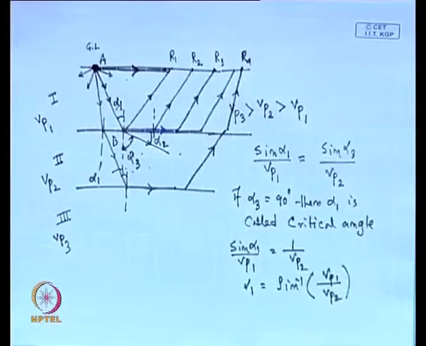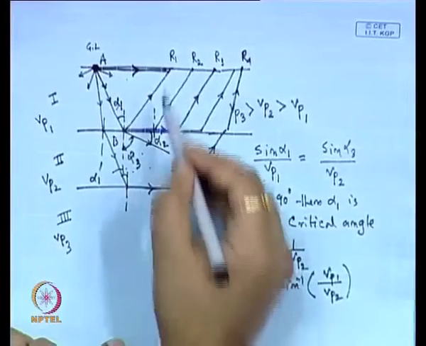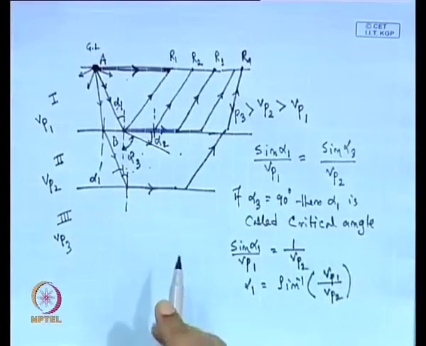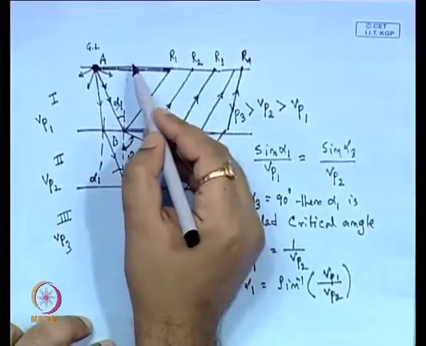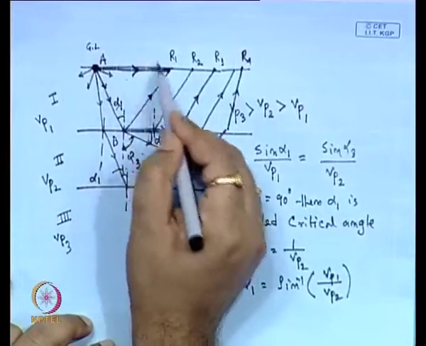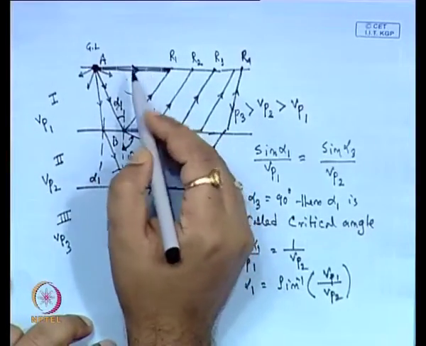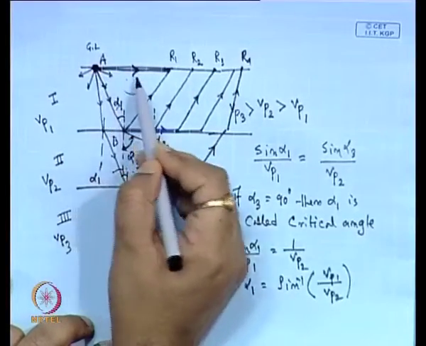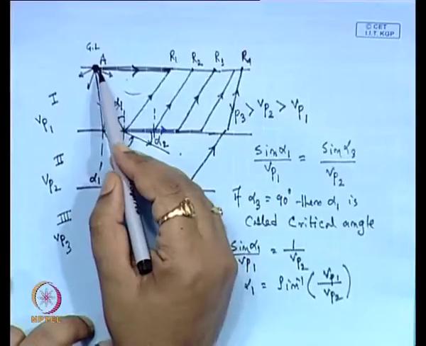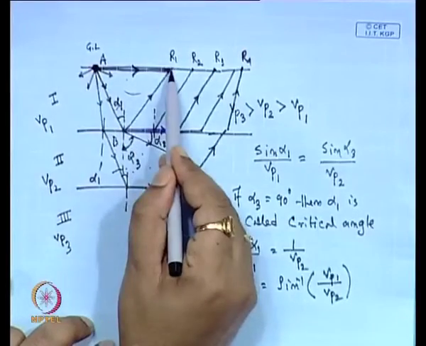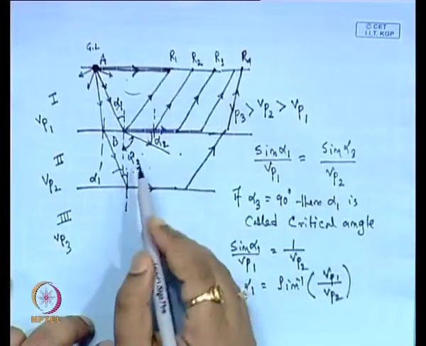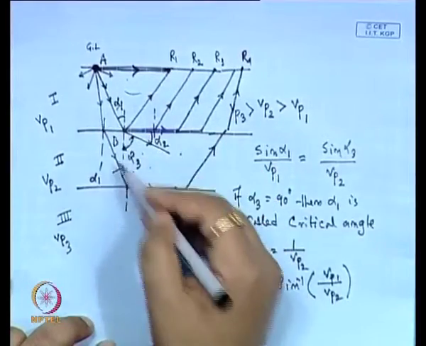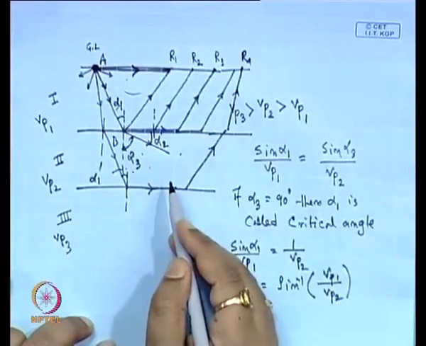Now, we are talking about the first arrival time of the ray. In the initial portion, if this distance is small, then the direct ray that is traveling directly from A to these receivers will arrive faster compared to the refracted rays.